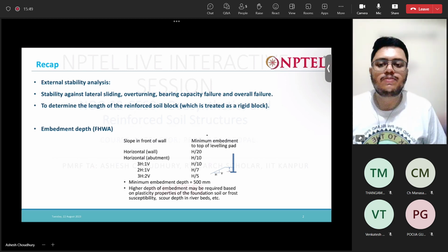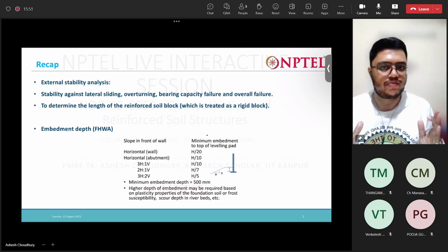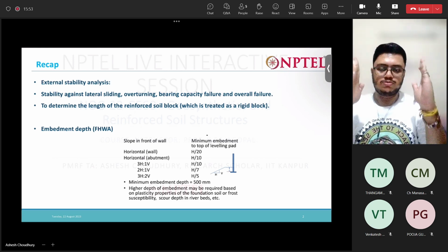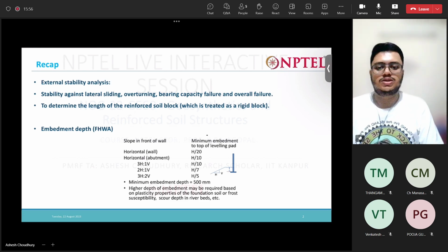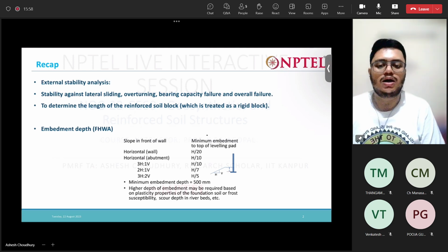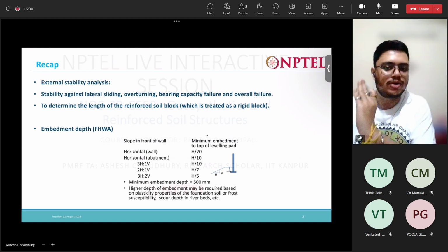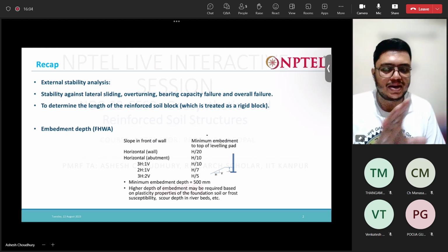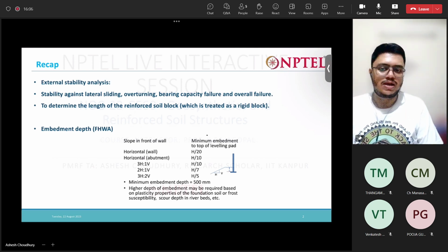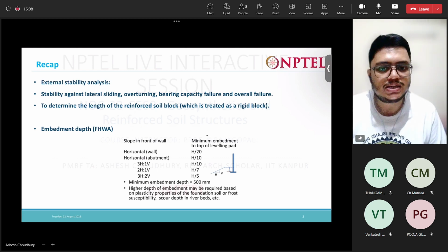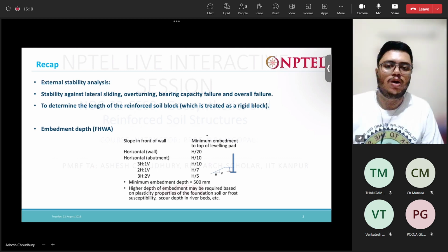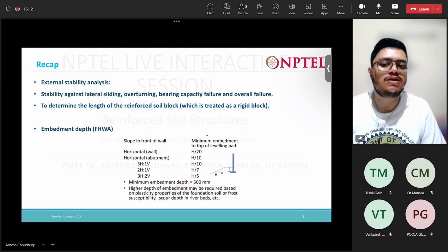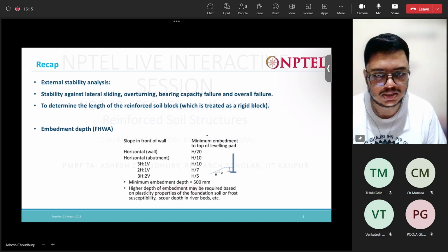So lateral sliding means what? We have our reinforced soil structure, and some horizontal forces are acting on it. One horizontal force is due to the earth pressure of the soil. Another is the earthquake force.